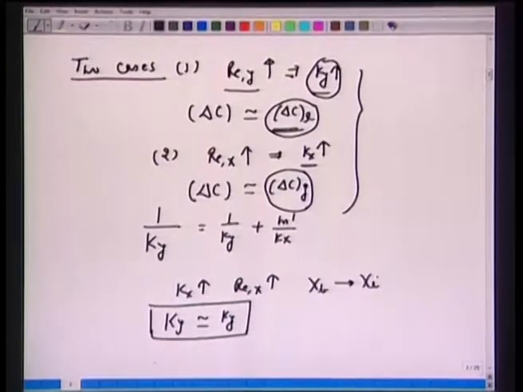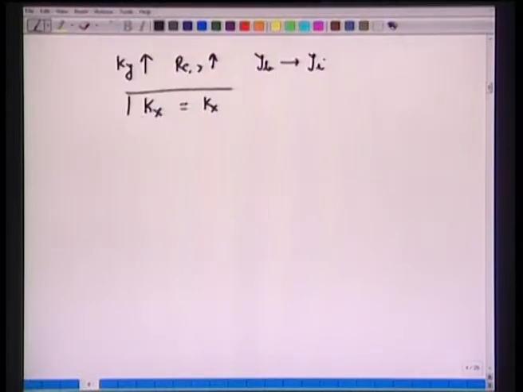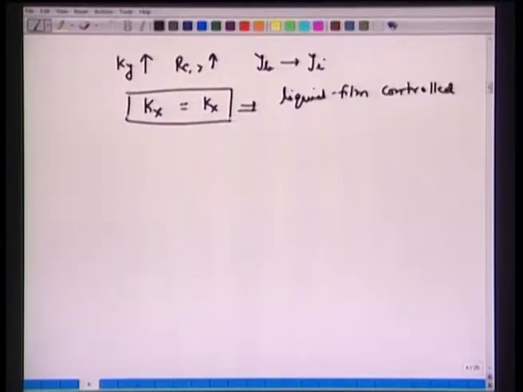Similarly, we can have a second case, case 2, in which we say that the small mass transfer coefficient in the gas film will be very large because the Reynolds number is very high. In that case, bulk phase gas concentrations will approach interfacial concentrations, and we can say that capital Kx, the overall mass transfer coefficient in the liquid phase, is approximately equal to the small mass transfer coefficient in the liquid phase. In other words, this one is the liquid film controlled mass transfer rate.